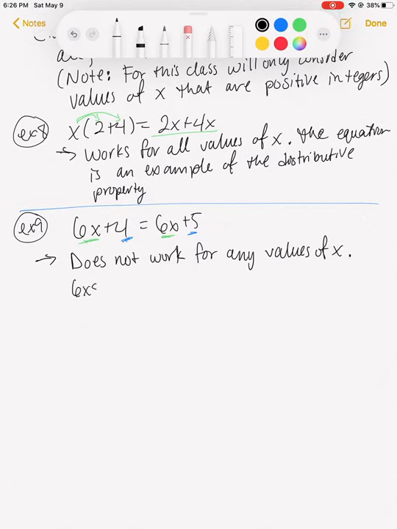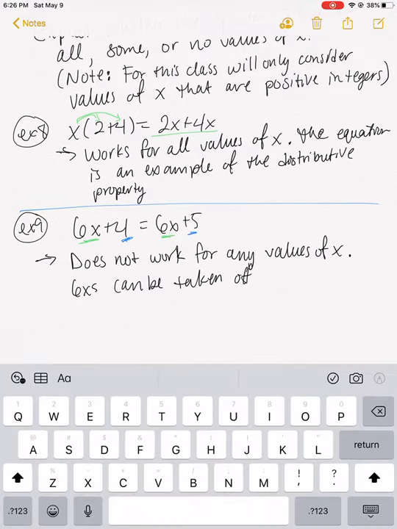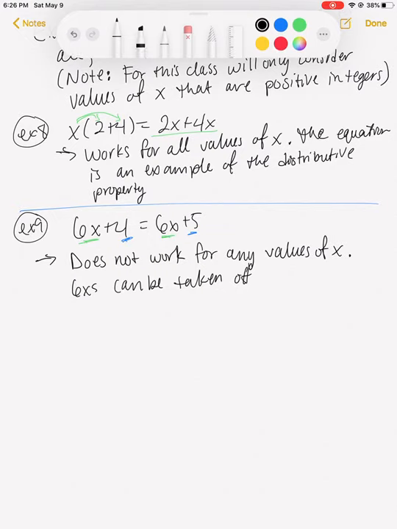The 6x's can be taken off or out of the equation, and we are trying to say 4 equals 5, which it never does.